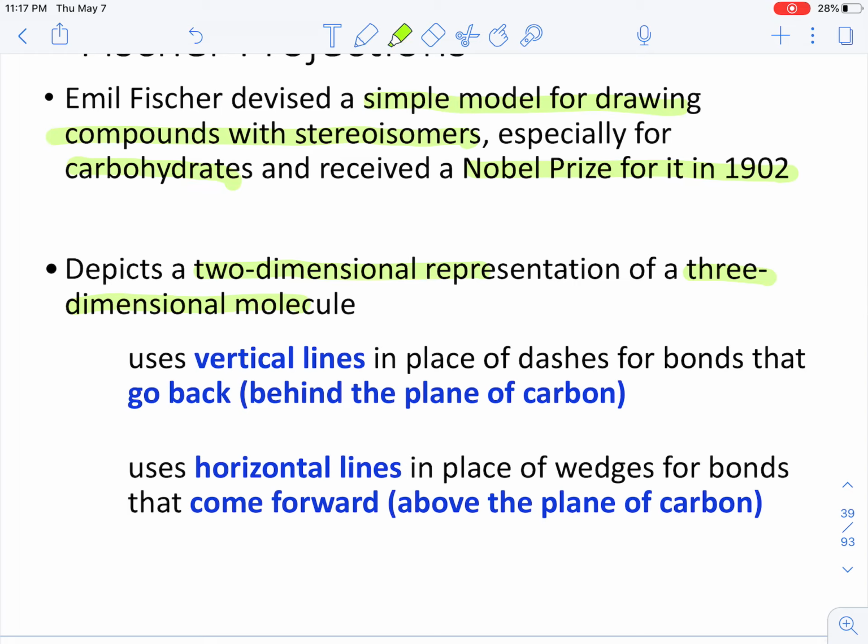Once again, vertical lines represent the dashed lines, and dashed lines mean that those bonds are going behind the plane of the carbon. Horizontal lines are wedges, bold lines if you will, and they're going to be above the plane of the carbon, so they're pointing at us.